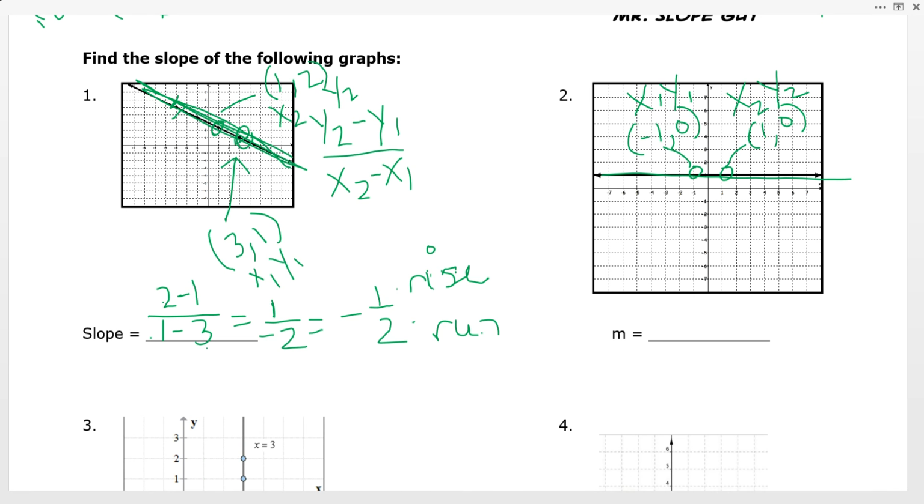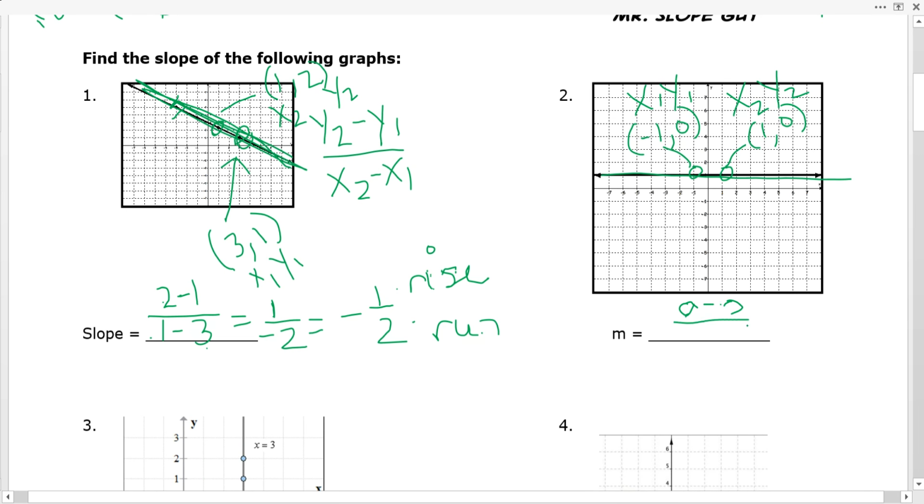If I subtract 0 minus 0, and then I subtract -1 minus 1, I get 0 over -2. 0 divided by -2 equals 0, so it has a 0 slope. Which makes sense because the rise is 0. It's not going up anywhere before it goes over.